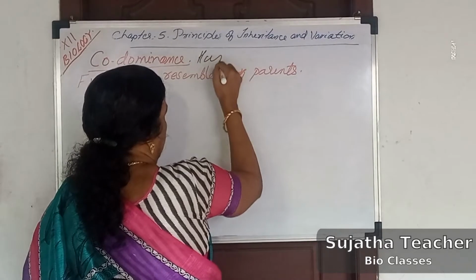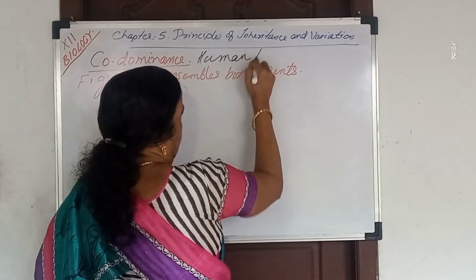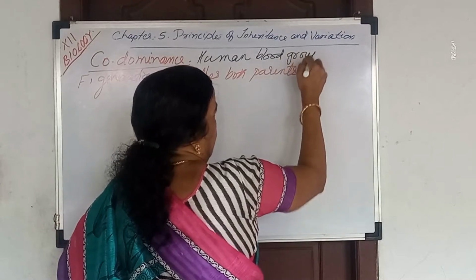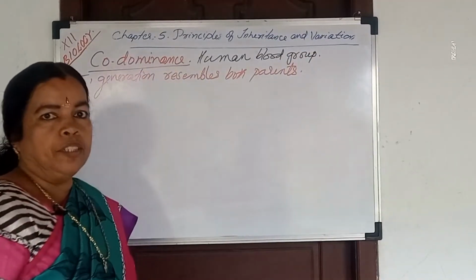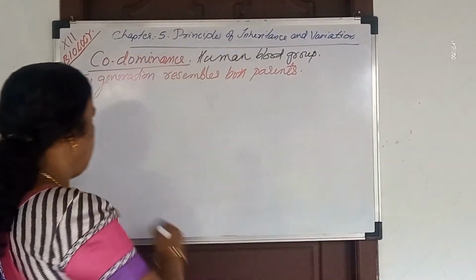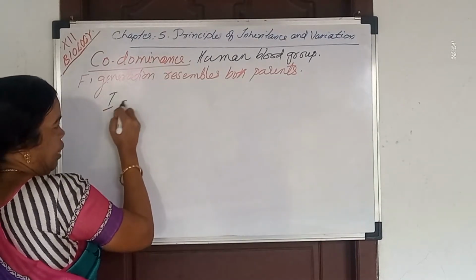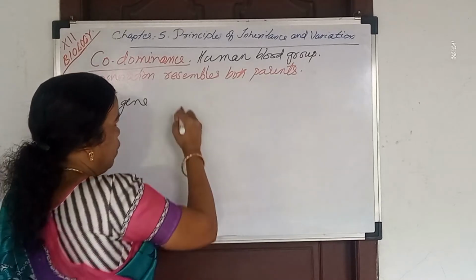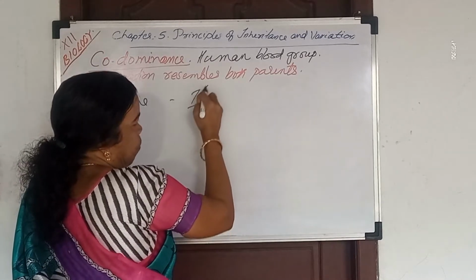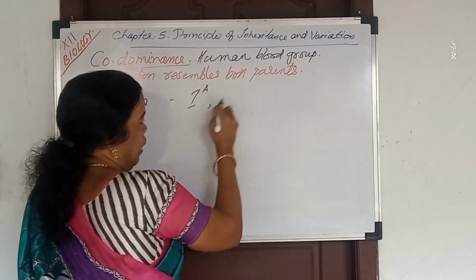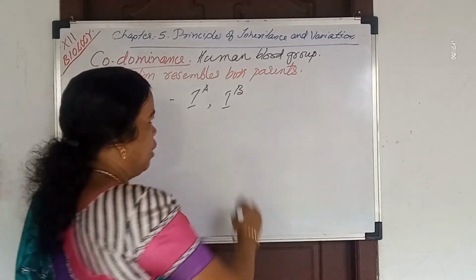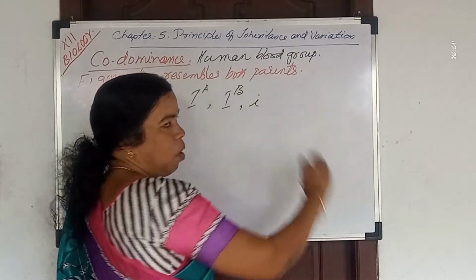Human blood group is controlled by the I gene. It has three alleles: IA, dominant allele, then IB, capital letters, then one recessive allele, small i.